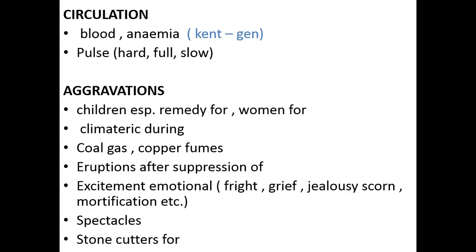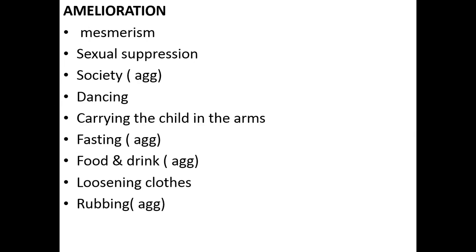Now aggravations: children especially, remedy for women, climatic, during coal gas, copper fumes, eruptions after suppression of, excitement, emotional, that is fright, grief, jealousy, scorn, mortification, etc. Spectacles, stone cutters for. Now in amelioration, mesmerism.